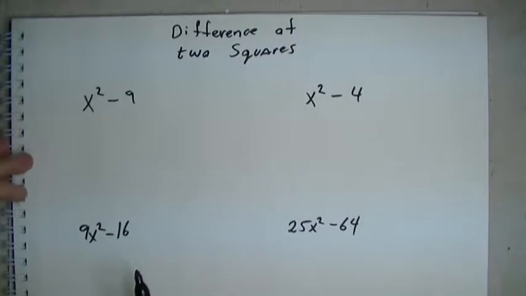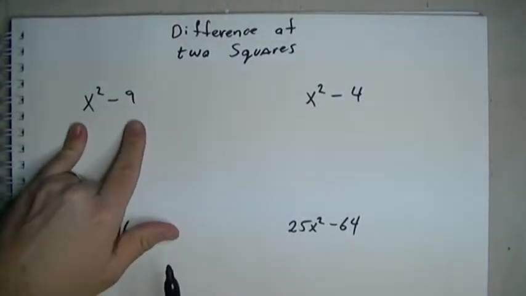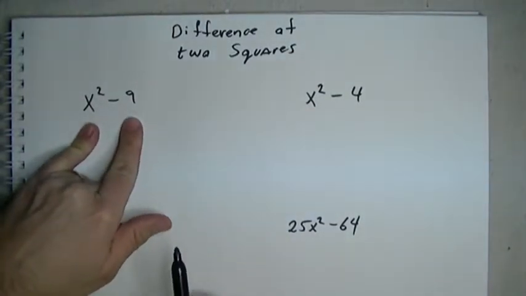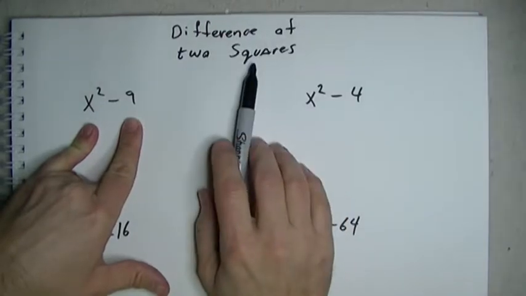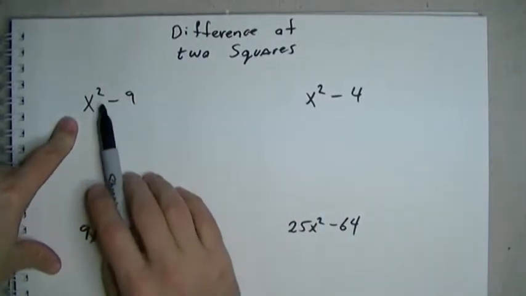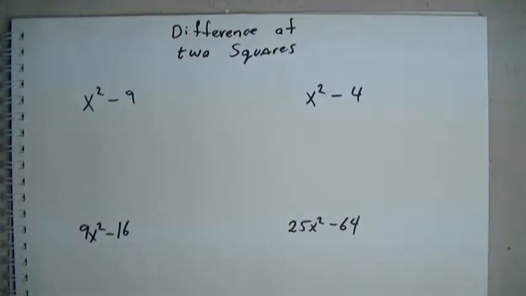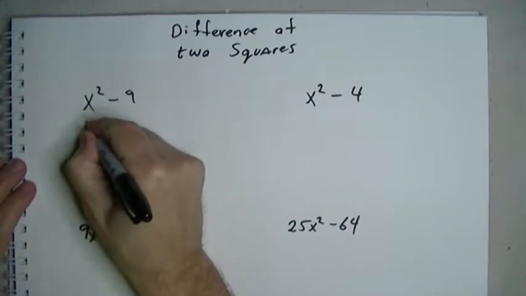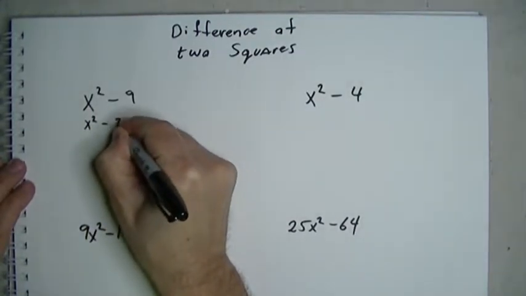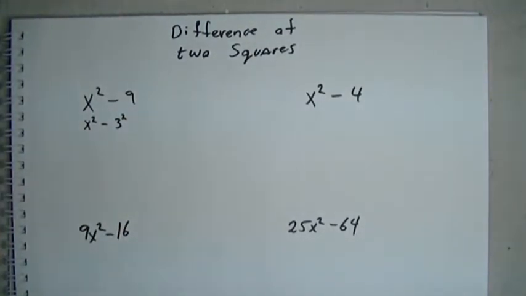So first of all, let's take a look at what we're talking about. This is called the difference of two squares. This is a square, x squared obviously is a square. 9 is a perfect square, it's 3 times 3. So you can think of this in your mind as x squared minus 3 squared, right? 3 squared is 9.